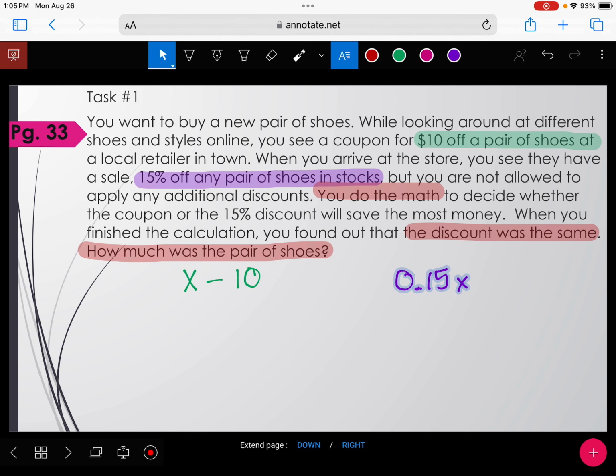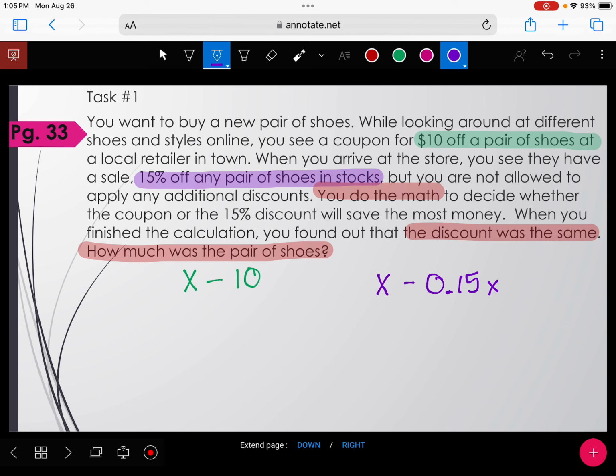Subtract it from my total. What is my total? That's an excellent question. Well, we did 0.15 times X, and X is the cost of the shoes. So we're going to take the 0.15X away from X, the cost of the shoes, and subtract our discount, right?